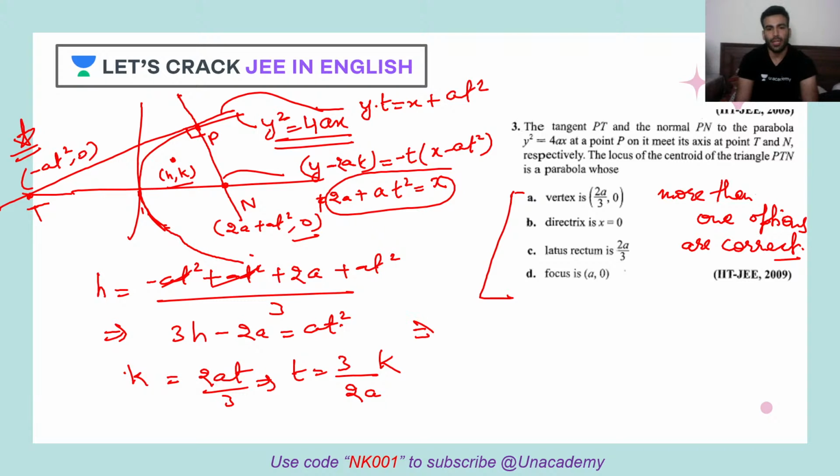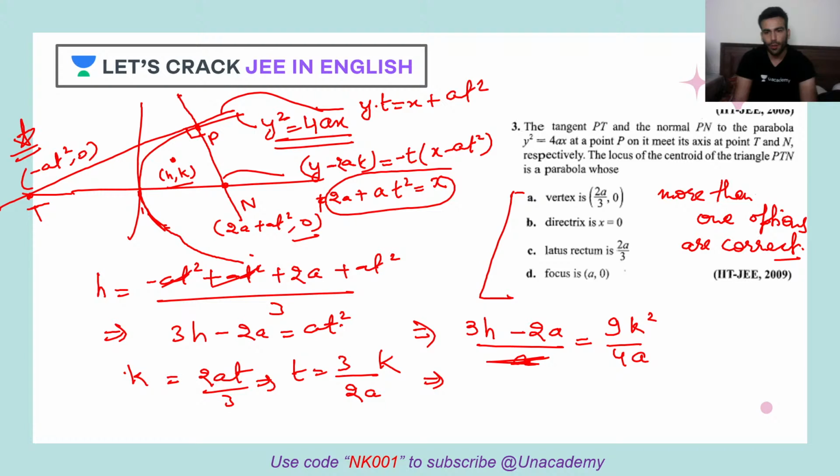When we eliminate this, what do we get? We get 3h minus 2a by a is equal to 9 times k square by 4a square. So that a square will cancel out with this a, so I'll have only a single a here.